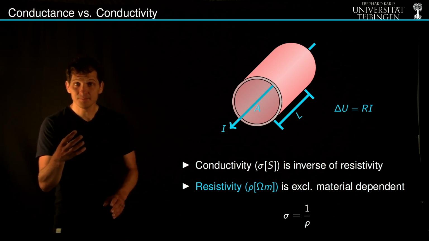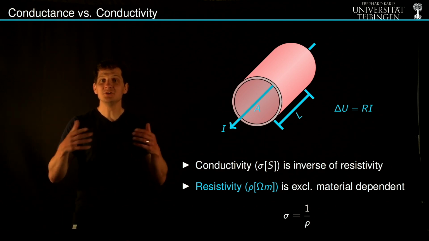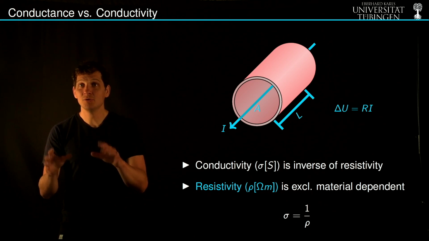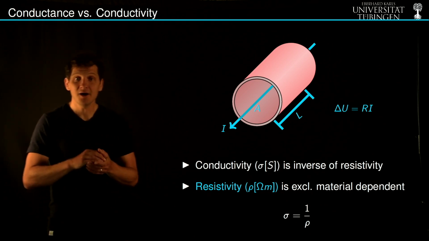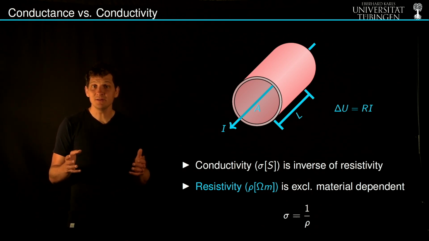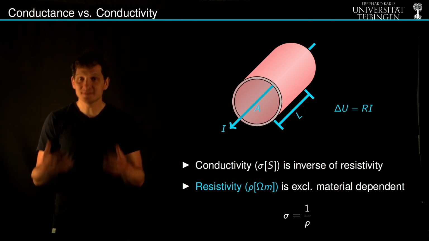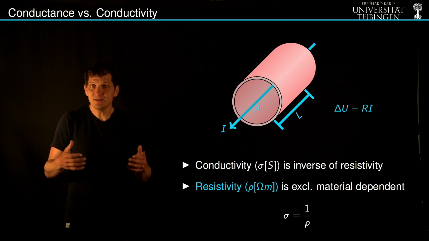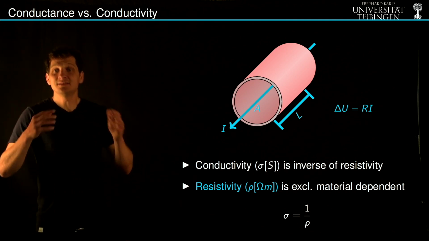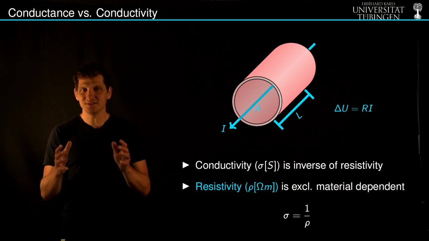The conductance and conductivity, in German Leitfähigkeit und spezifische Leitfähigkeit, are defined completely equivalent in the sense that the conductance is the inverse of the resistance, and the conductivity with units Siemens is the inverse of the resistivity.